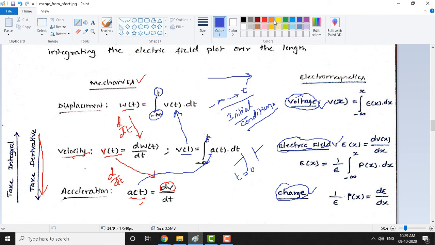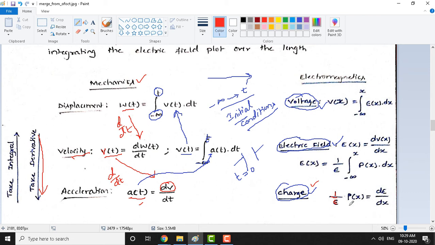Okay. Now let us see here. Suppose you know the charge density. As per our knowledge, how do you calculate electric field from that? You have to integrate that. The charge density is denoted as 1 by epsilon into rho of x.